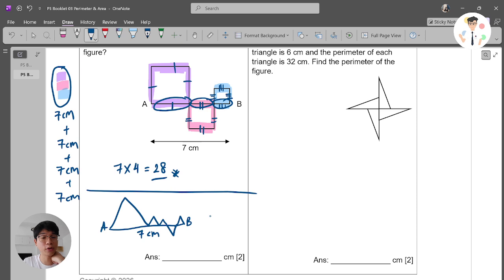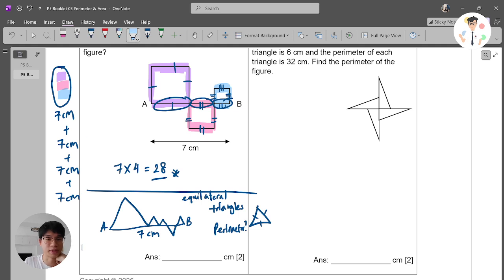Now, for example, A to B I have 7 cm, and all these triangles are equilateral triangles. Just in case you don't know what an equilateral triangle is, it means that all the sides will be the same. Now, if I were to ask you what is the perimeter of this figure, what will you give me?